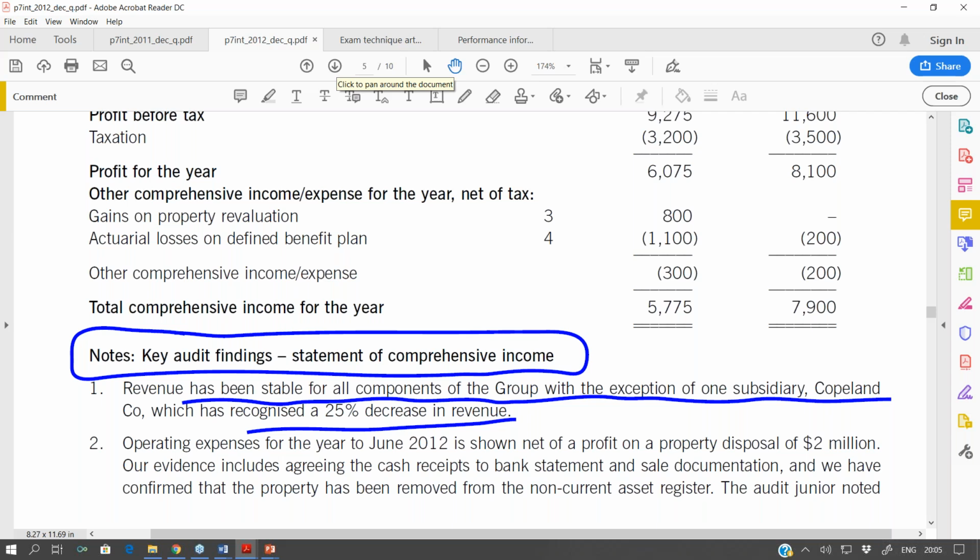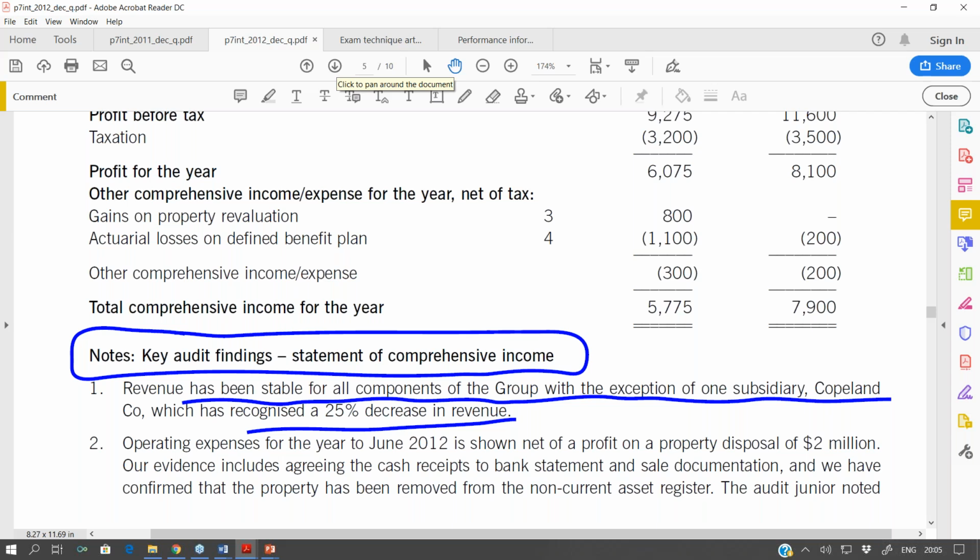Is that an inherent risk of revenue? What if the fall in the revenue should have been more than 4% and the management has shown it as 4%? Should we be skeptical about it? Is that the inherent risk?